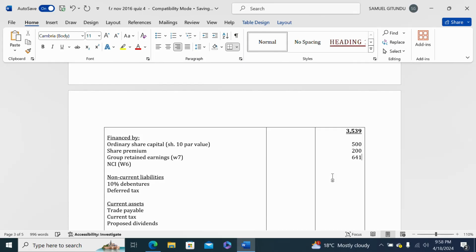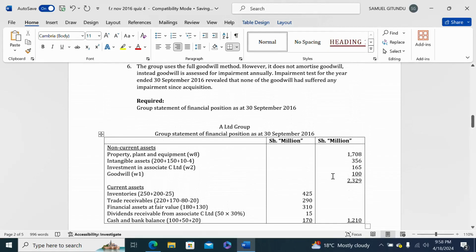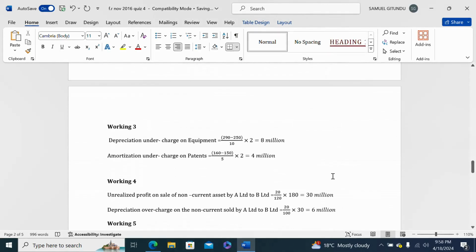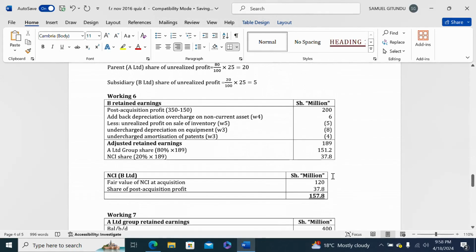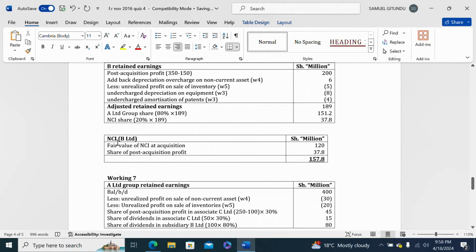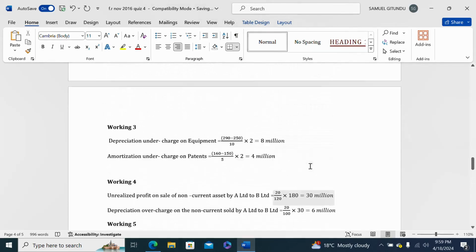And the NCI in working note number 6 is 157.8.